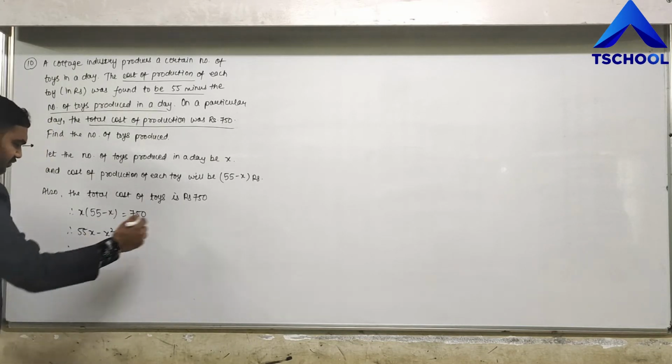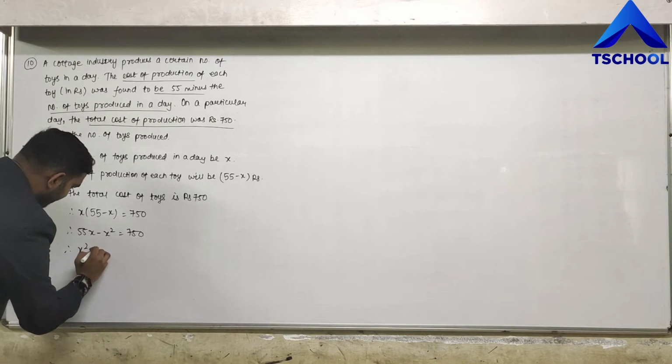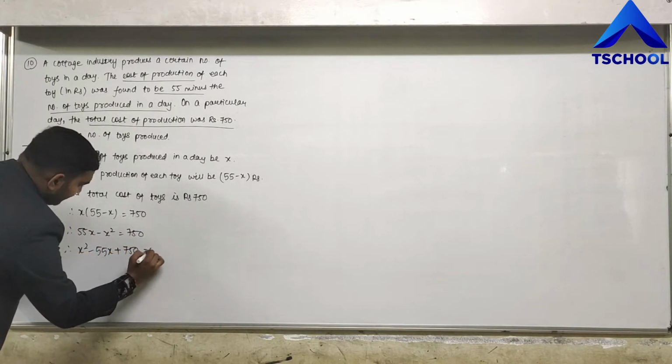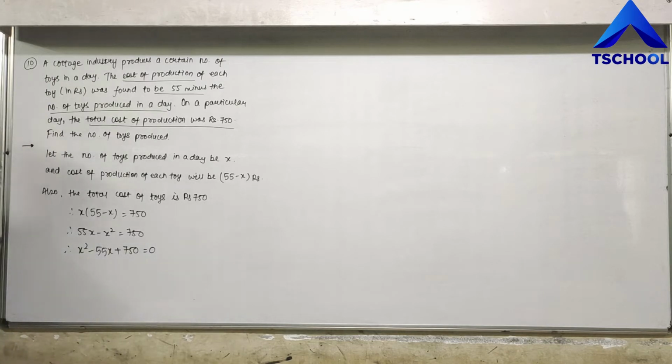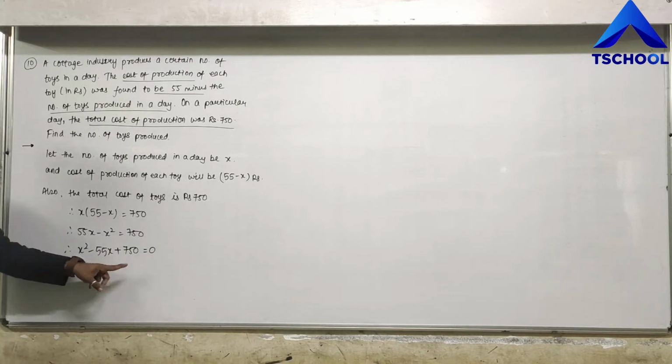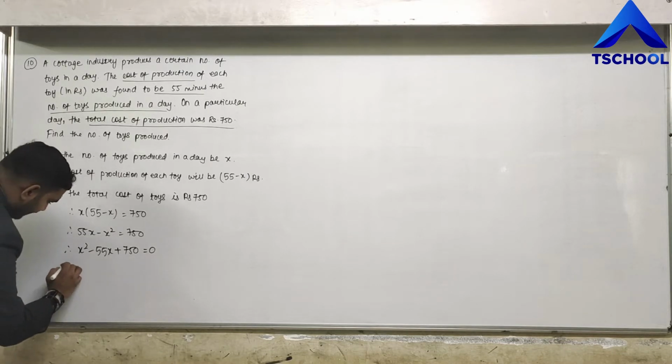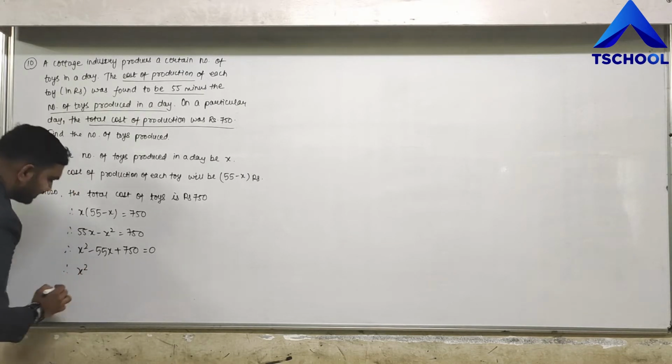Taking both terms to the other side, we shall get x square minus 55x plus 750 is equal to 0. Note that friends, here the middle term is minus and the last term is plus, so the factors will be minus minus or plus plus, minus minus, right? So what we can write down here is the factors, x square.